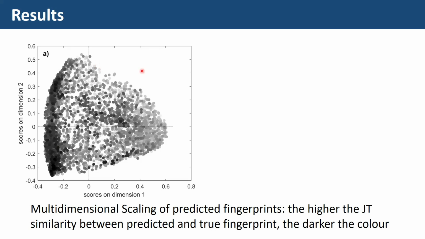So the darker the color, the higher the similarity between the predicted fingerprint and the true, experimental one. In few words, we want to get black points. And if you look at this plot, there is a kind of pattern, because all the good predictions are in this area, while here you have inaccurate predictions.